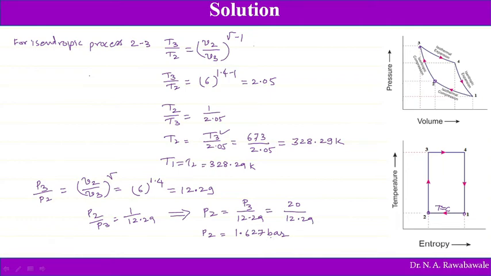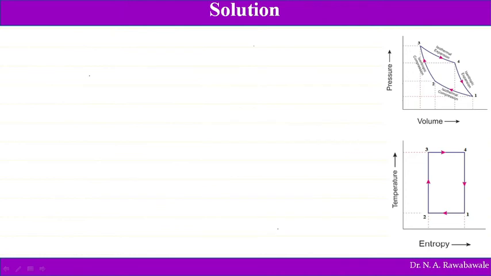Then for the isothermal expansion process 3 to 4, we can write P3V3 is equal to P4V4, whereas pressure at point 4, P4, is equal to P3 into V3 divided by V4.